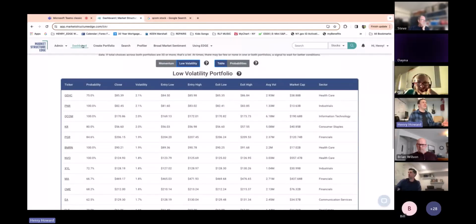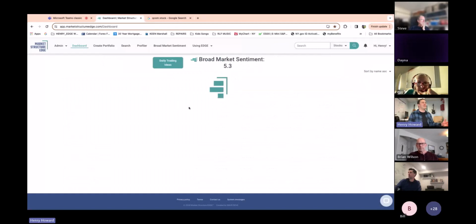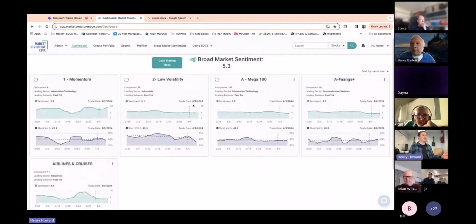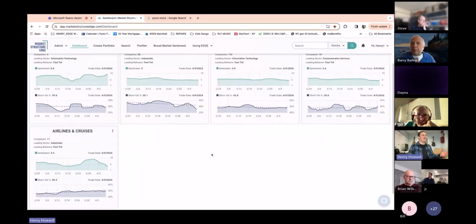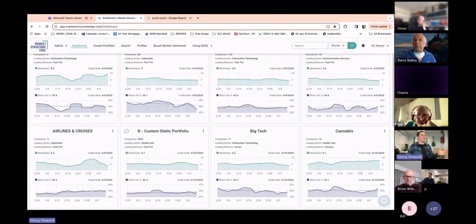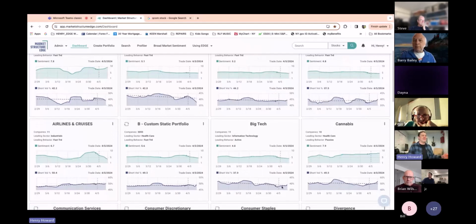So none of this data is giving me a ton of confidence to get long. The one thing that is giving me some confidence, and why I think we saw a bounce this morning, was our big tech portfolio. Those really low short volumes in big tech tend to be our turning points. Big tech has actually been a safe haven, contrary to what history has told us about tech being more volatile.